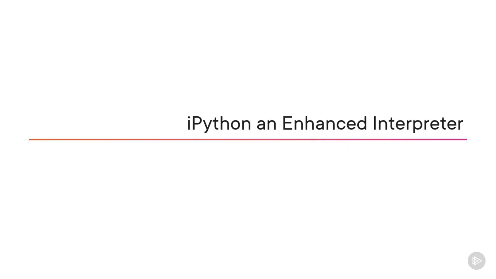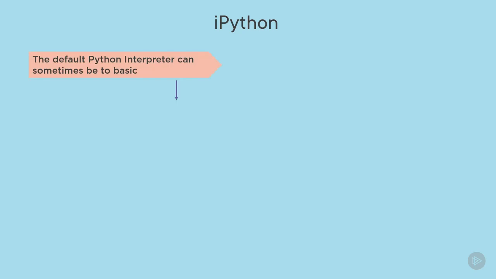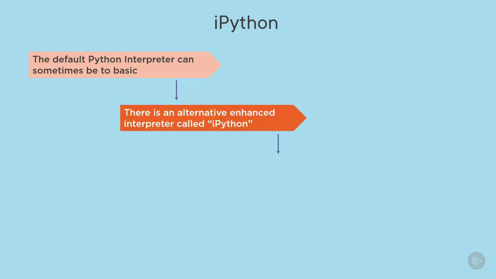Now, let's take a look at the enhanced interpreter, which is called IPython. As you're working with Python and using the basic Python interpreter, this can sometimes not fulfill what you need to do, or you just need more functionality. This is where the enhanced interpreter called IPython comes into play.